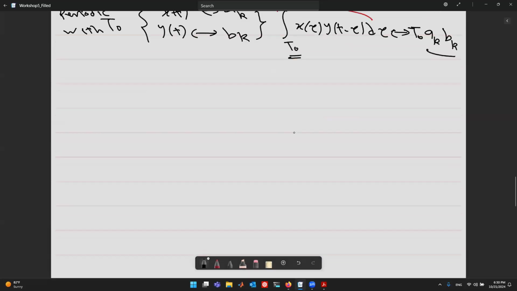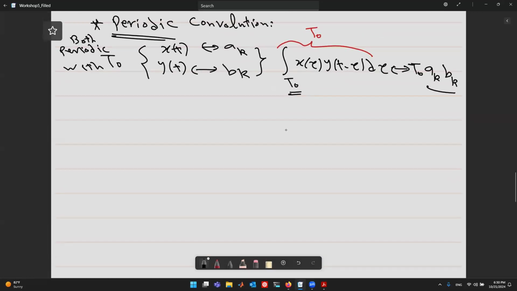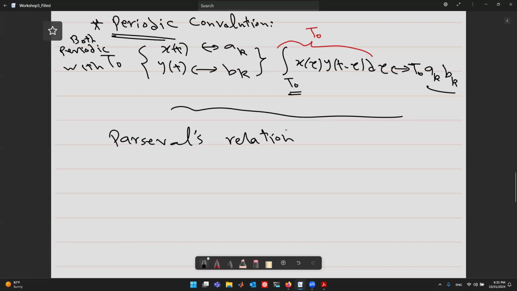And one last relation, which is very, very important as well, is Parseval's theorem or relation. This basically says that if you calculate the power in the time domain or in the frequency domain, you get the same thing. In other words, the power is conserved.